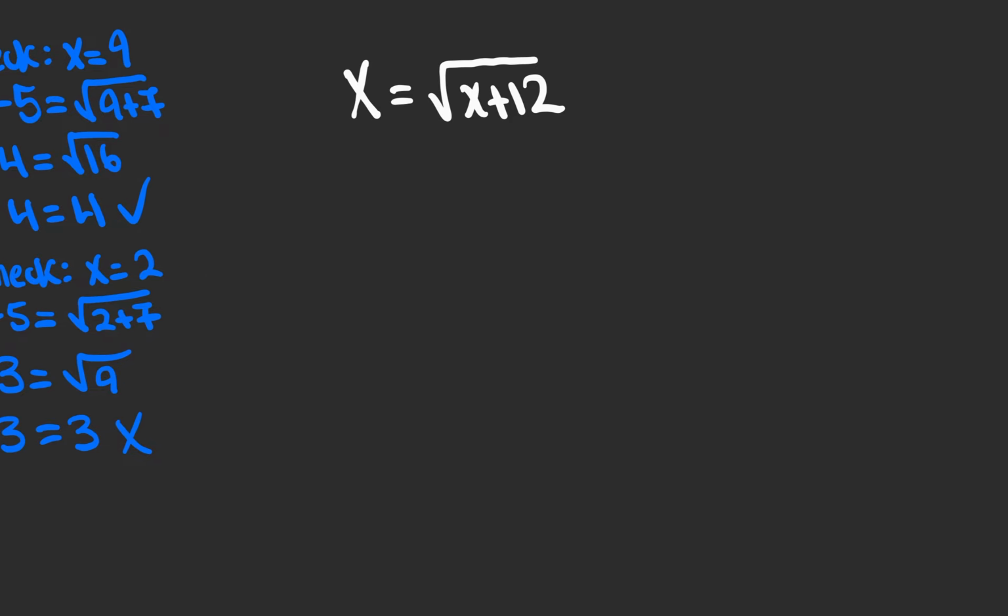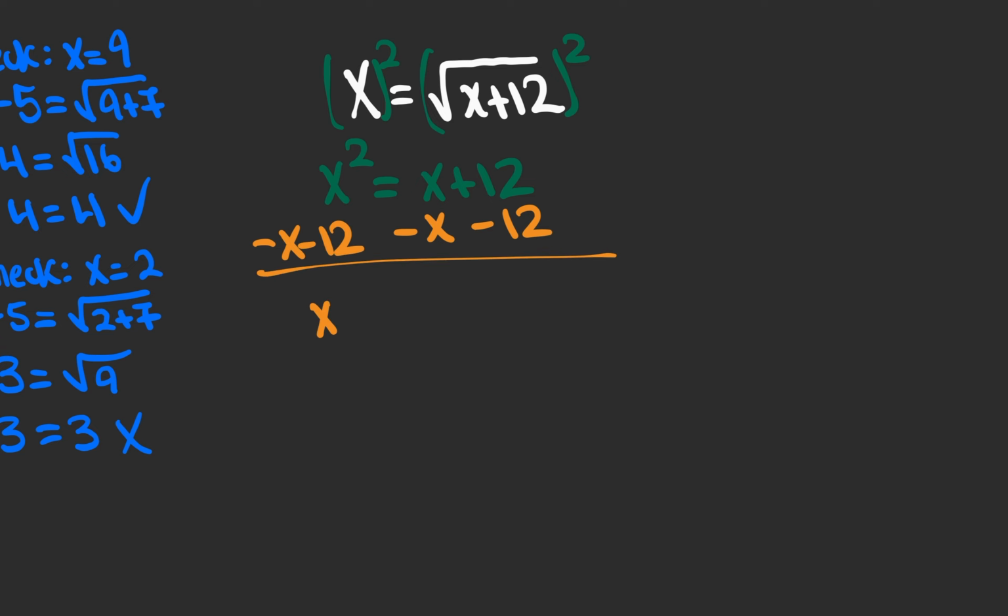So for this question type, we have to begin by squaring both sides. This will leave us with x squared is equal to x plus 12. Then I will move all terms to the left-hand side, or the side that contains the x squared. So I subtract x and subtract 12 on both sides.